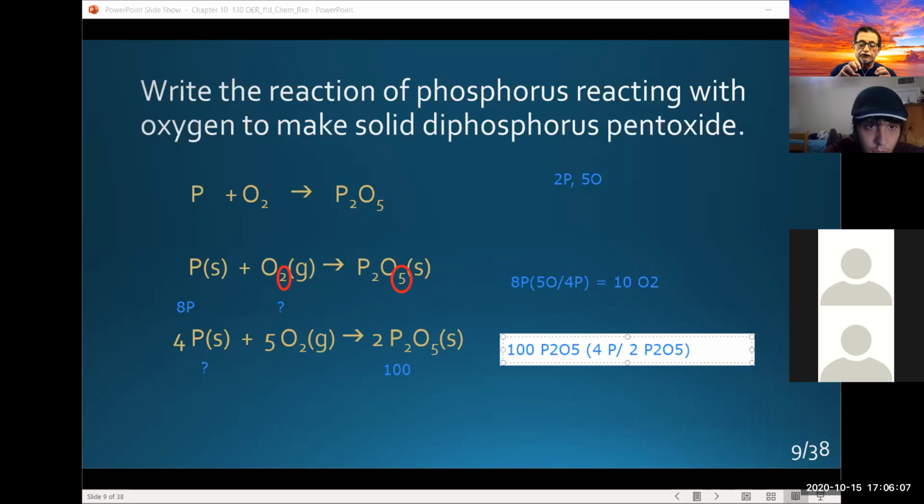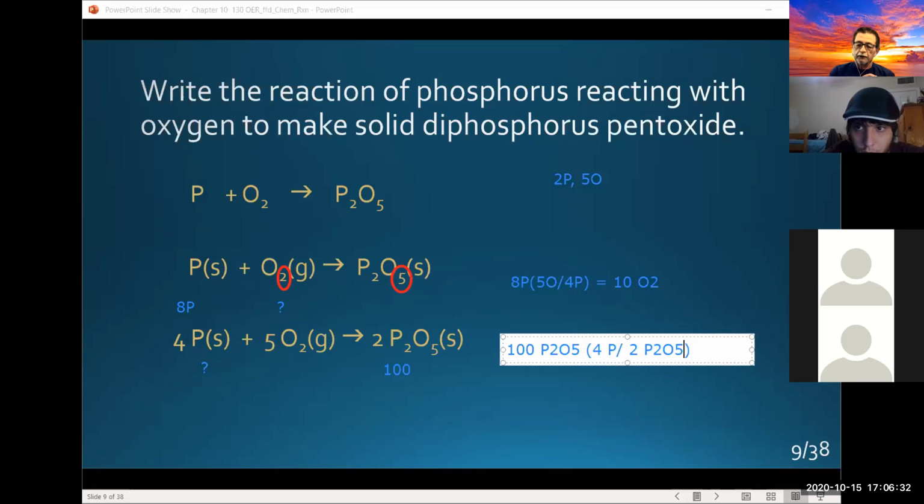Which is good, because what you do is you check your units once you set it up. The way I had it before, my next step would have been to check my units, and I would have been multiplying P2O5 times P2O5, which tells me I set something up wrong. But here, can you see where the P2O5 cancels out in the math?